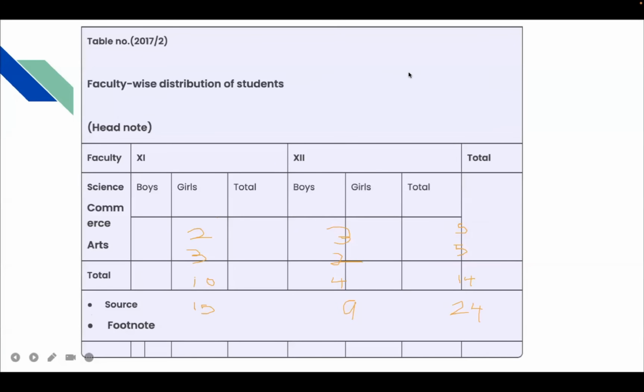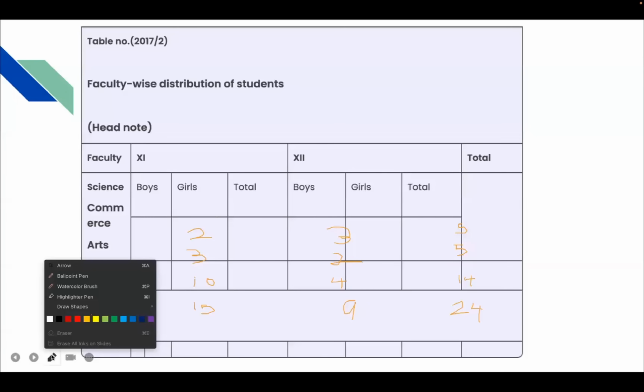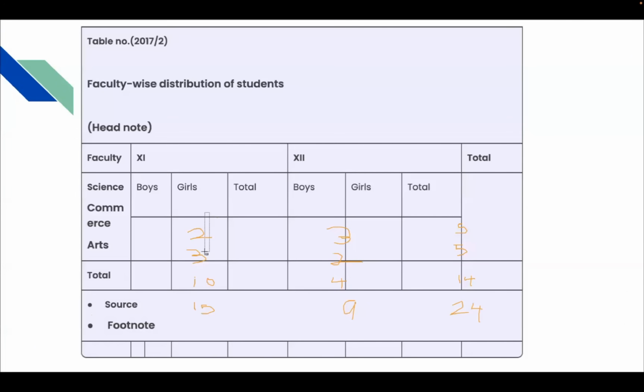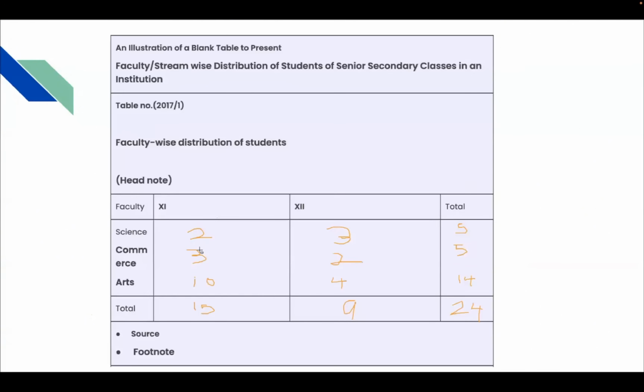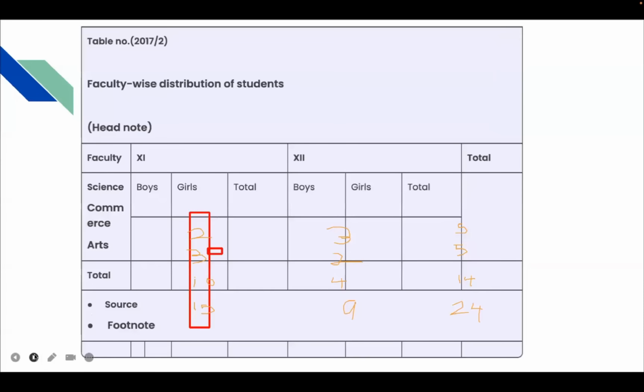I think I need to clean this annotation I did. How do I do that? Eraser. Rectangle. Sorry, let me see how I can take out what I did.